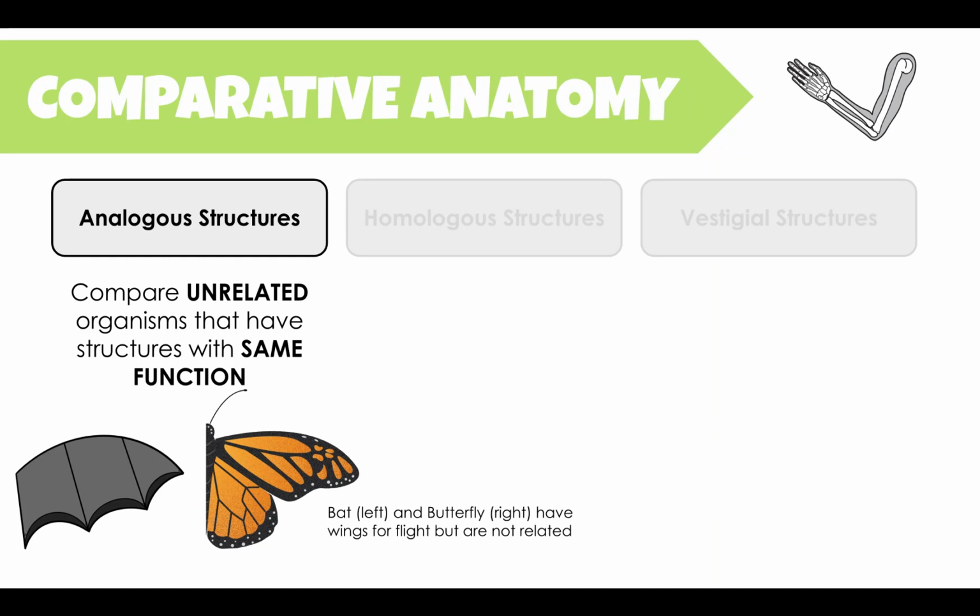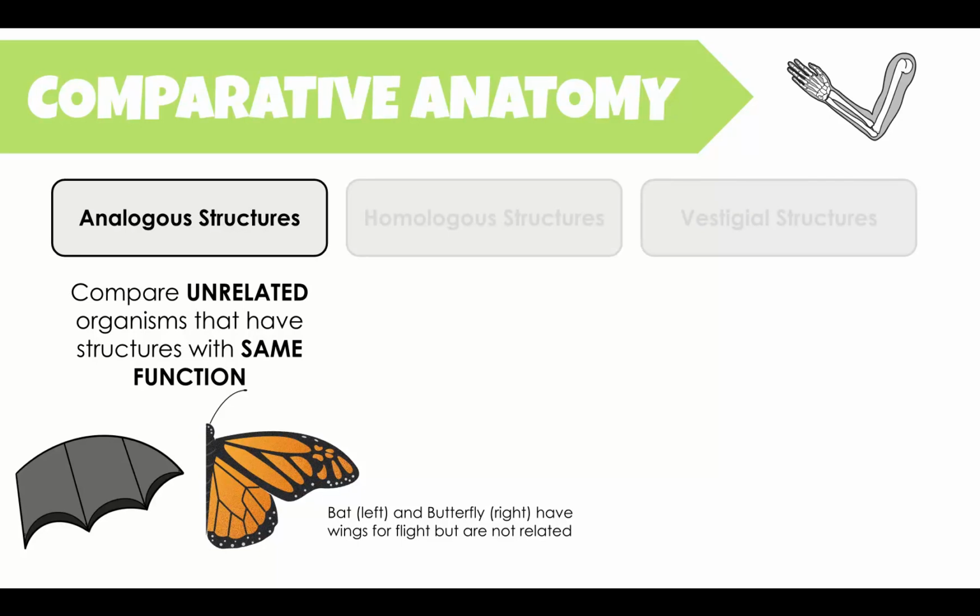So this tells us that evolutionarily, it was important to have wings. Even though these organisms probably didn't evolve from one another, it was important evolutionarily to evolve to have wings because these organisms are not related, so they didn't really evolve one from the other. But it was important enough to have wings that they both evolved to have them.